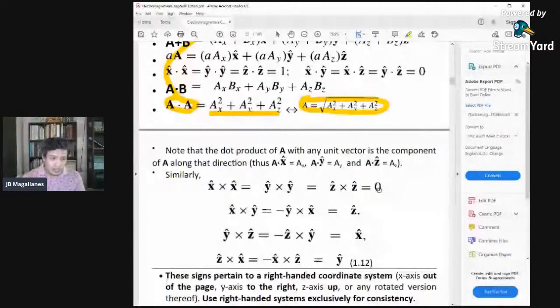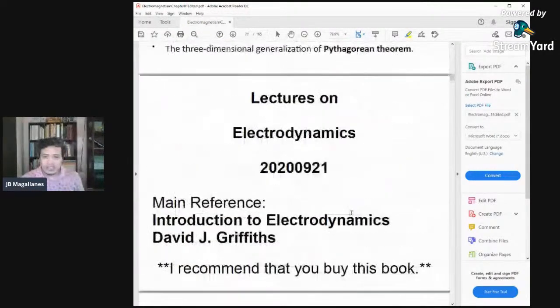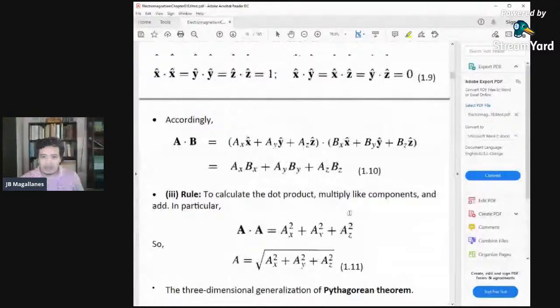So sine 0 would be 0. So everything will be 0. So the cross product of the same unit vectors is 0. But for x cross y, that would be z.